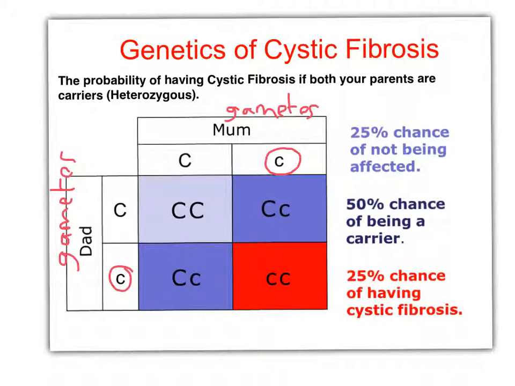We can see that there is a 25% chance of not being affected, so being homozygous dominant. There is a 50% chance of being a carrier, so having one copy of the recessive allele, and there is a 25% chance of having cystic fibrosis, so having two defective copies of the allele. So in total, there is a 75% chance that you will not have the disease and a 25% chance that you will.